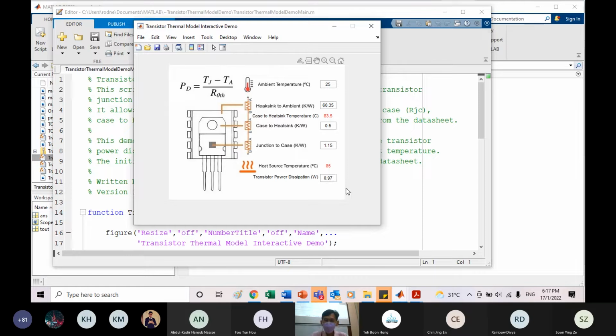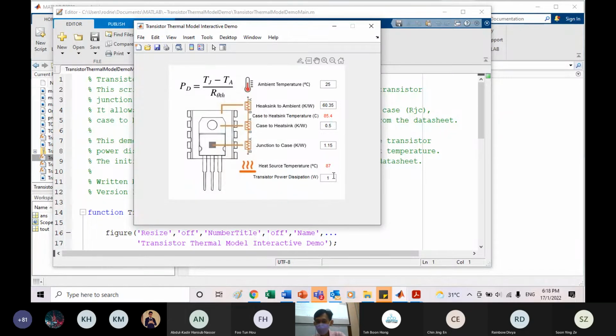Now, let's say you change this power dissipation to 1 watt. You can see I changed to 1 watt, what happened? My heat source and the case to heat sink temperature will go up to 85.4 degrees.